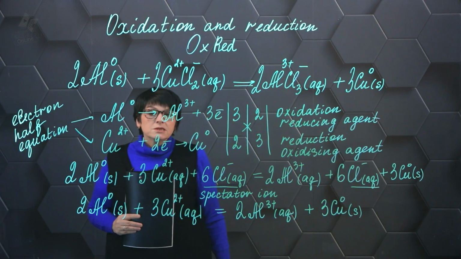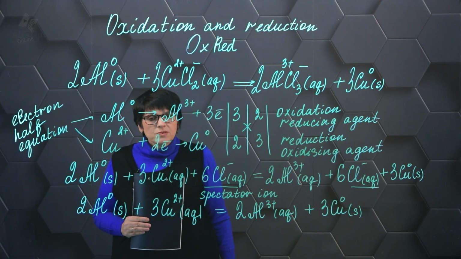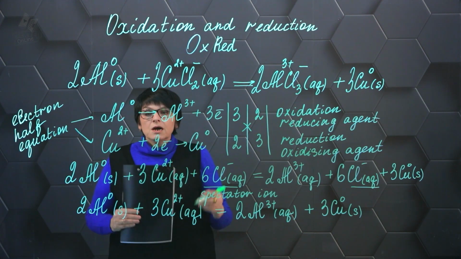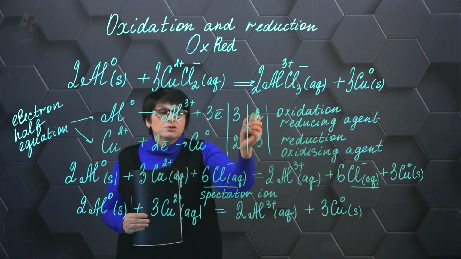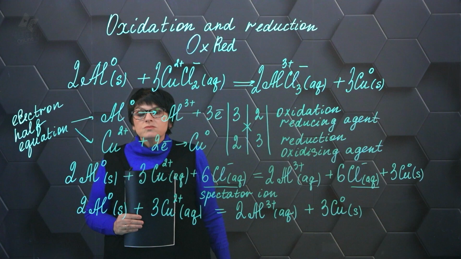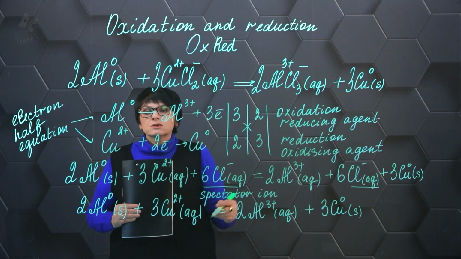Thus, redox reactions, as you can see, are complex processes in which coefficients have to be selected through a special method. This method is quite difficult, but we will definitely figure it out and learn how to handle even more complex examples.